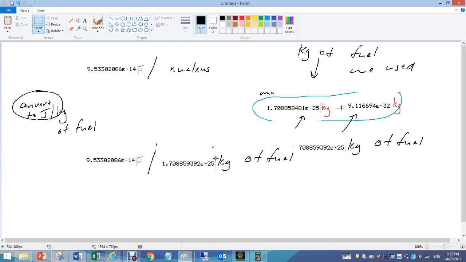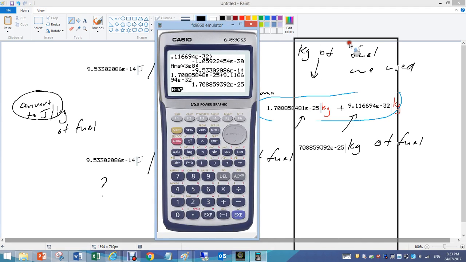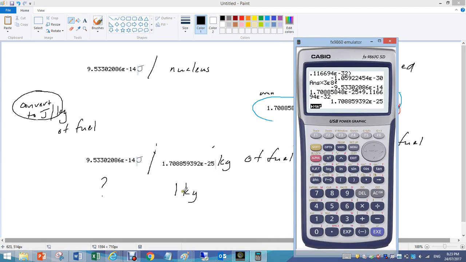Okay, so continuing on, if we want to work out what it is for 1 kilo, then we just make this 1 kilo and solve this using Suzanne. So let's do that. So it's this times this divided by that. So if you do that, I'm going to do it a bit trickier way, just to save myself a bit of time.